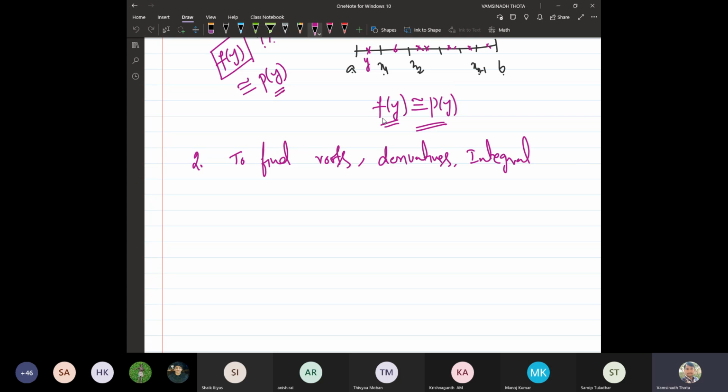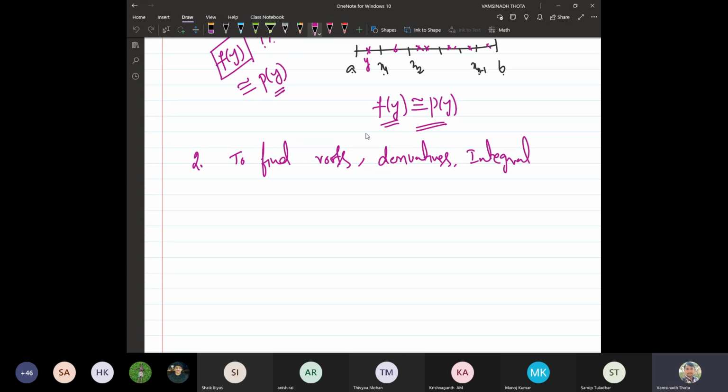Since we do not know the function f explicitly, we use the polynomial to evaluate the roots, the derivatives, and the integrals. Since we are using an approximate polynomial, we will have approximate roots, approximate derivatives, and approximate integral values. Remember that. So these are the two major uses of the approximating polynomials.